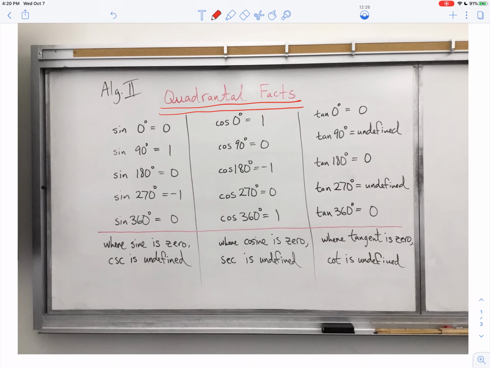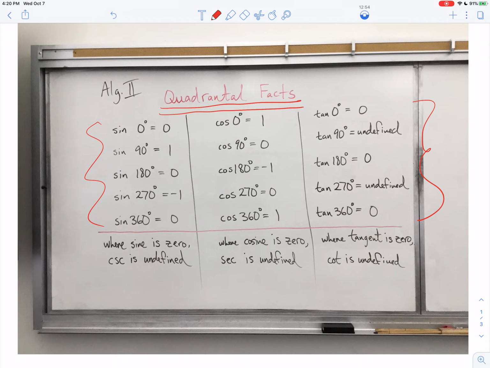So sine, I just did this one on the calculator for you, but here's a little chart to keep in mind. Notice, when I try to take the cosine of 0 on my calculator, it'll say 1. If I tried to take the cosine of 90, it'll say 0. And etc., etc. So these are the quadrantal angles here.